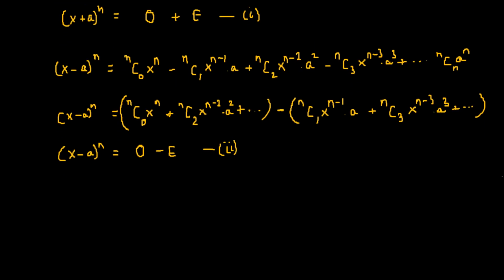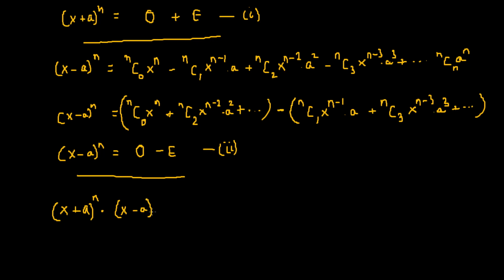Great. Now what we're going to do, we're going to multiply this first equation to the second equation. So what should we get? We get (x plus a) raised to the power of n times (x minus a) raised to the power of n, taken from the second equation.